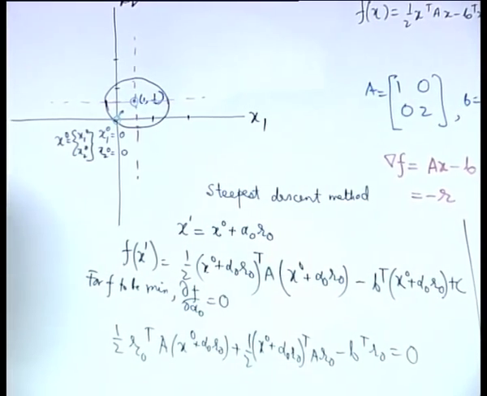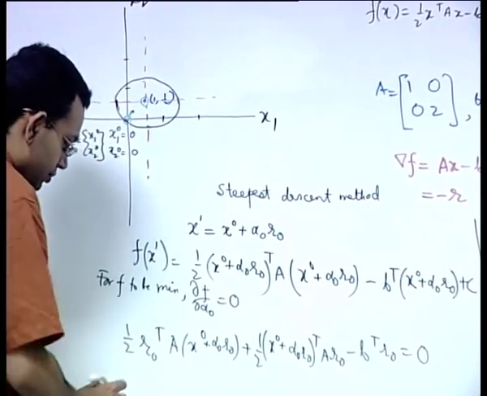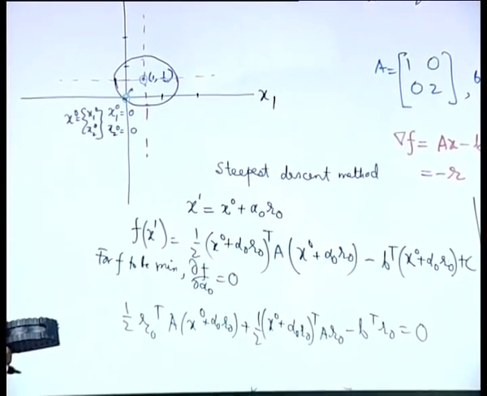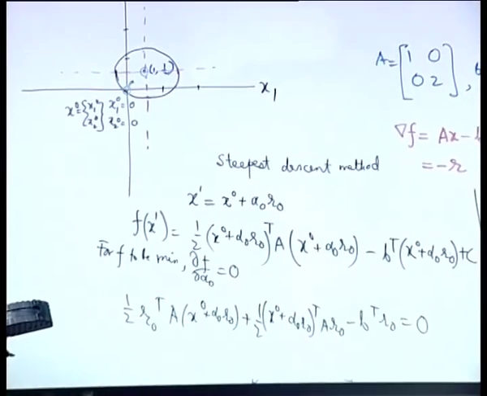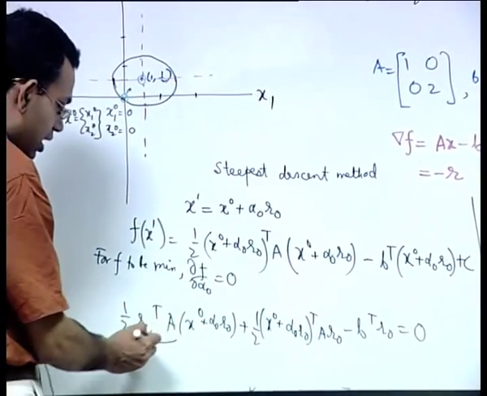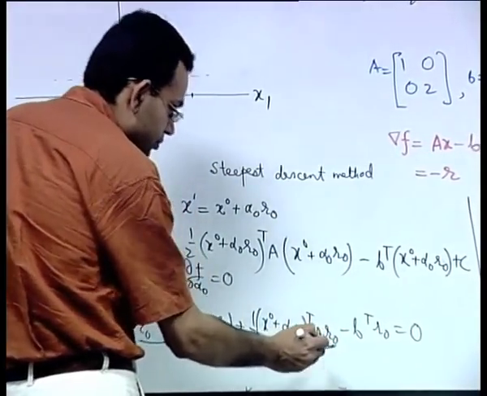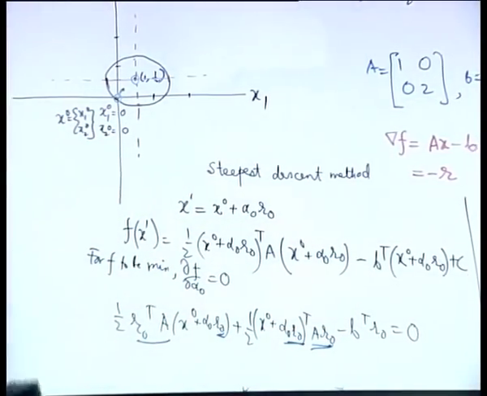If you take alpha 0 common, there are two terms which each contain half of r0 transpose A r0 combined with alpha 0.